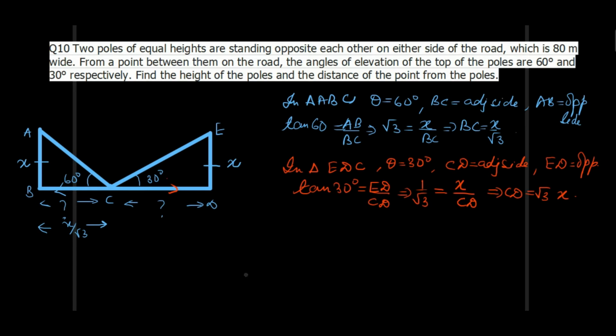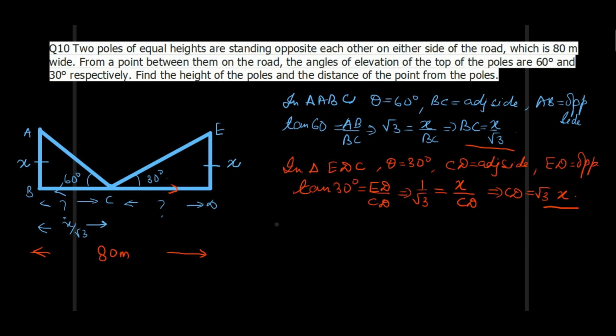Now one more information we have is, it is saying two poles of equal heights are standing opposite each other on either side of the road, which is 80 meter wide. That means we have BD, this is given to us as 80 meter, and now we know BC is x by root 3 and CD is root 3x.